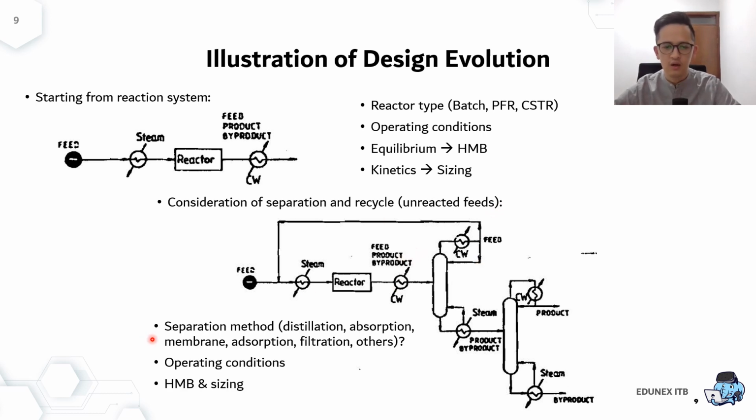Again, you will have to decide what kind of separation method. Maybe distillation, maybe absorption, maybe membrane would be more suitable, filtration, and others. If it includes a solid, then that gets more complicated, but maybe we will have other options that you have to consider. And then again, you have to decide the operating condition of the distillation column.